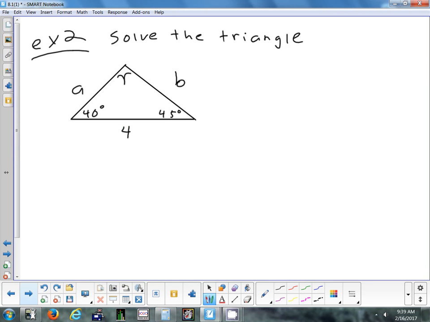Okay, let's try this one. Now this one, you have a diagram, so you could figure out what type it is without even having to draw anything. What type is this one? It's angle side angle. ASA. And ASA, if you look back, is one of the types. So I will have a row with everything in it.